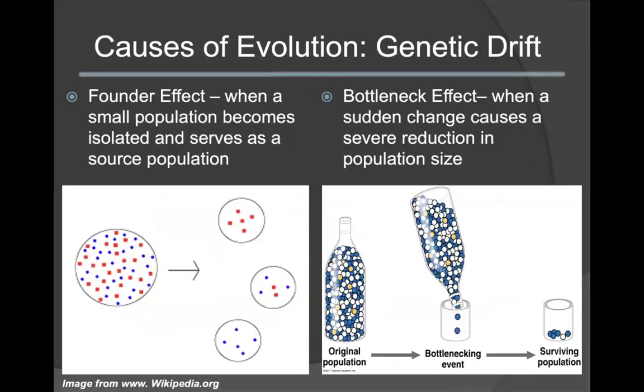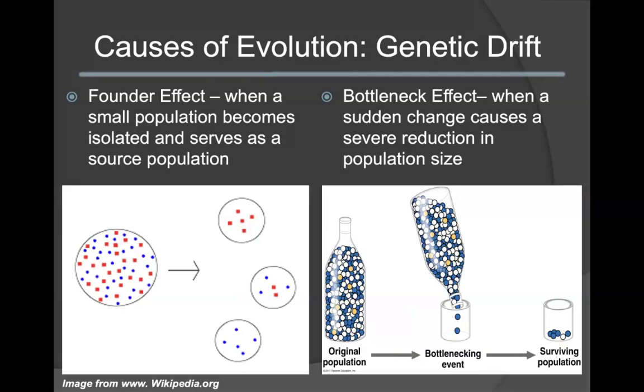When the founder effect takes place, this occurs when a small population becomes isolated and serves as a source population. In this instance, you may have a large gene pool of individuals. However, if some of these individuals then become isolated from each other, they may actually serve as a founding population. In this instance, the resulting population and the frequency of the alleles would be highly dependent on those original founding individuals.